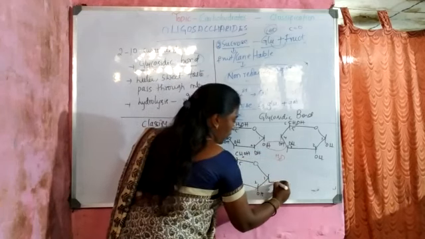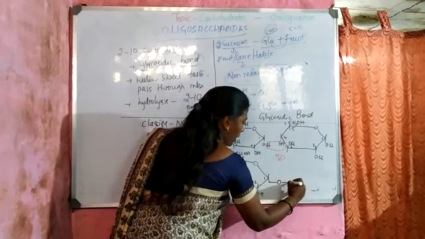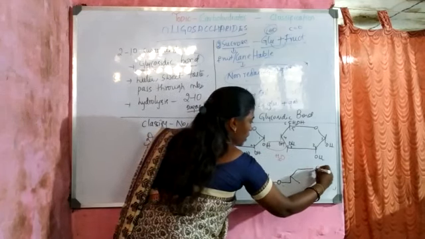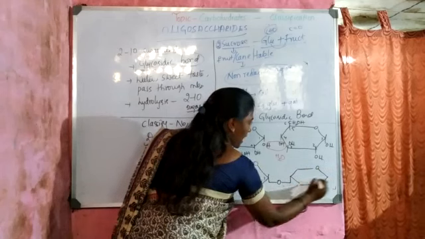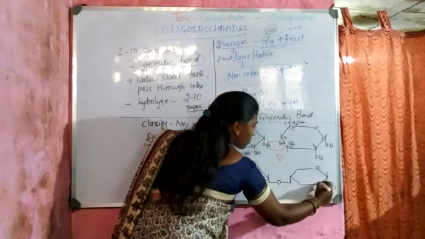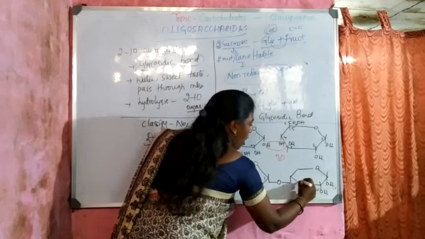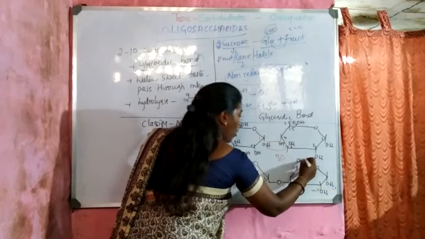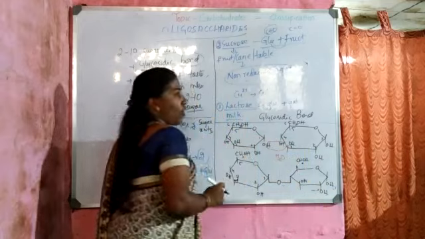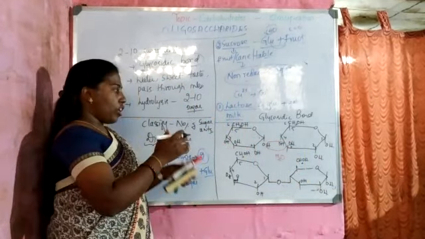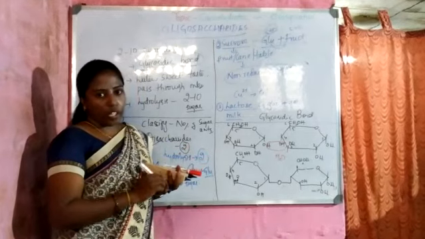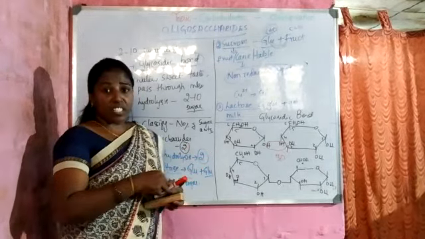The H has been removed, so O will be shared between the two glucose molecules, resulting in the formation of a disaccharide called maltose. So maltose is formed with two glucose molecules connected with the release of one molecule of water. That is regarding the disaccharide.